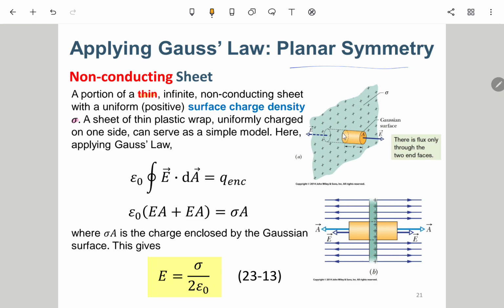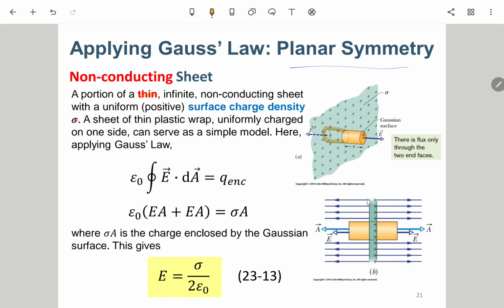Here we try to define the Gaussian surface to be this one, so it includes this part. This is on the right side, this is on the left side. For the cross section it looks like this, and in such a way this is a thin sheet.